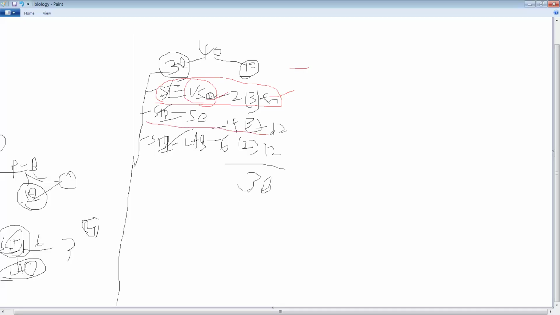Whereas here up to 12 sentences, and here up to 24 sentences you have to write. So for 2 marks, 4 sentences, 4 marks, 8 sentences, 6 marks, 12 sentences, up to 12 to 18. So you must see that.